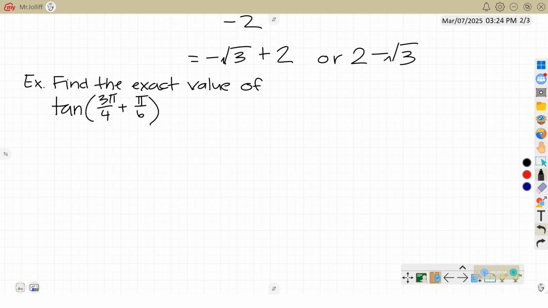Exact value of tan of 3 pi over 4 plus pi over 6. Which brave soul can tell me what I should do first? That table that was confident they didn't need a second example is awfully quiet now.